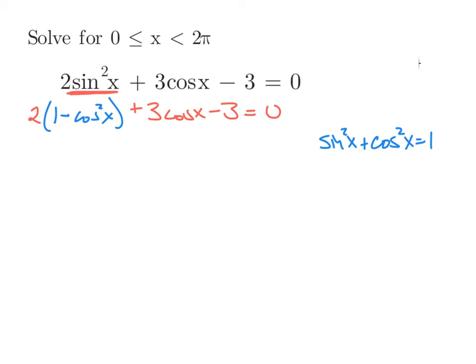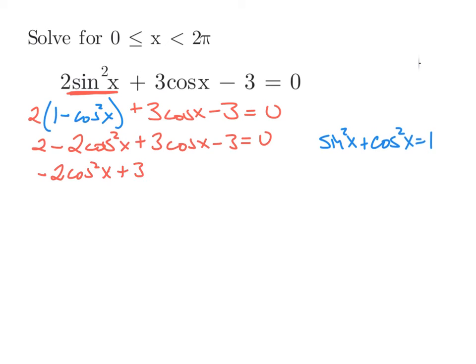When we simplify that, we'll distribute the 2 and combine like terms. So we'll have a negative 2 cosine squared plus 3 cosine minus 1 equals 0.